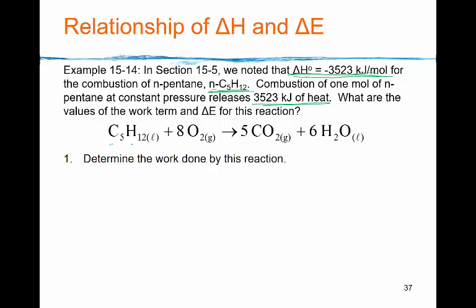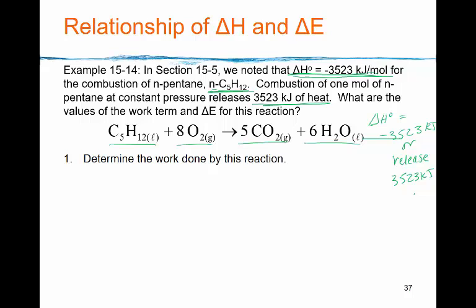We have pentane plus 8 O2 gives us 5 moles of CO2 and 6 moles of H2O. And it told us that our delta H0 was equal to a negative 3523 kilojoules. Or, what else did it say? We release 3523 kilojoules. Okay, that's just two different ways of saying that, right?